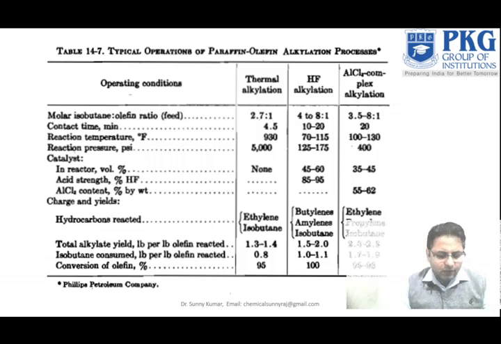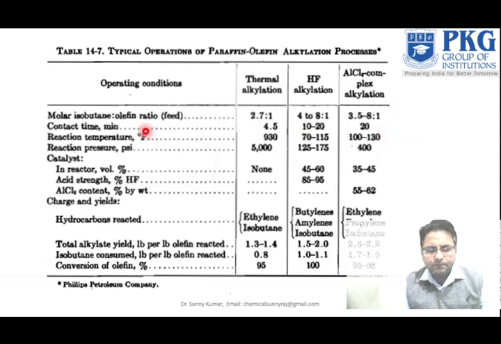This is for aluminum chloride complex alkylation. You will see here the molar isobutane to olefin ratio is 3.5 to 8:1 and the contact time is 20 minutes, which is higher than the other alkylation processes or catalysts.